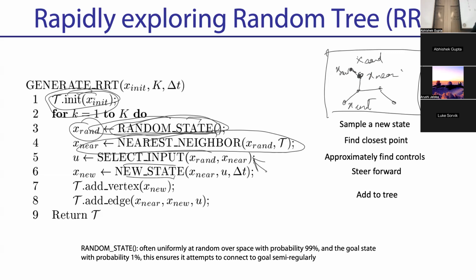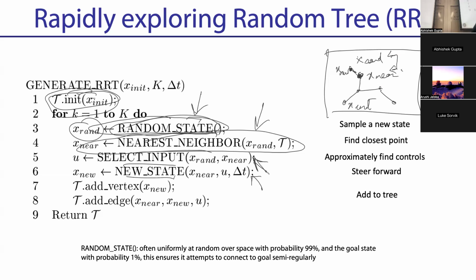So you choose a random state, you find the nearest neighbor, you try to find the best possible connection between the nearest neighbor and that random state, you play that best control forward to get a new state, you add that new state to the tree, and then you repeat. You're never actually solving the boundary value problem between these two things perfectly. You're just saying, do your best and get from here to wherever you can get, which is best, and that becomes the new point you add in your tree, and you keep repeating, right?